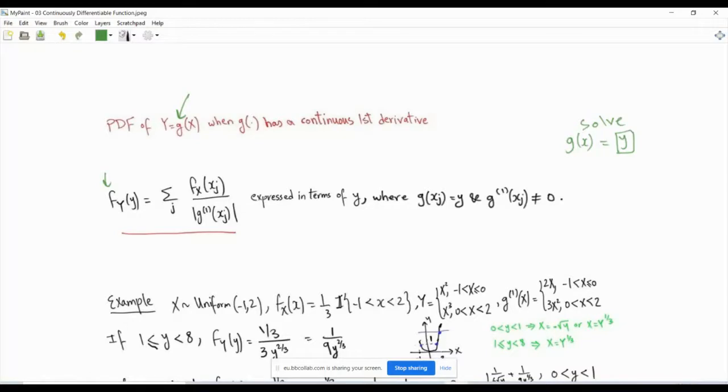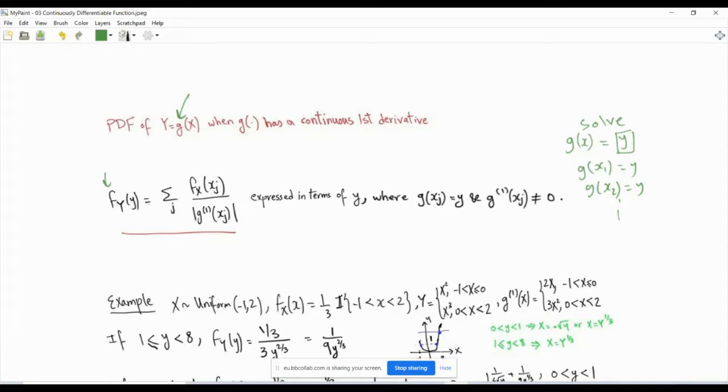Okay? And you get the solutions. You may get no solution, you may get one solution, two solutions, and so on. So suppose that g of x1 is equal to y, g of x2 is equal to y, and so on. Of course, this is best seen via an example, and an example is coming. So don't worry.